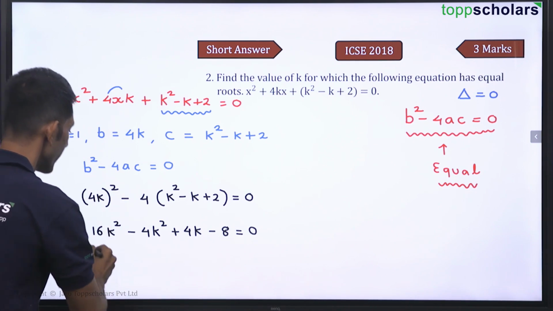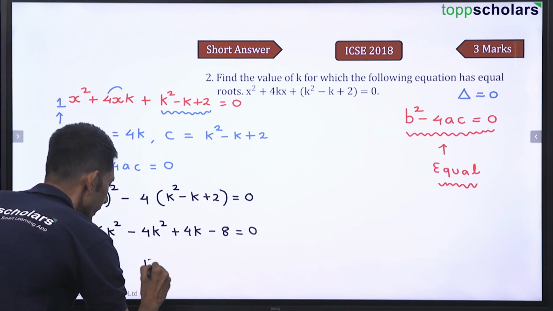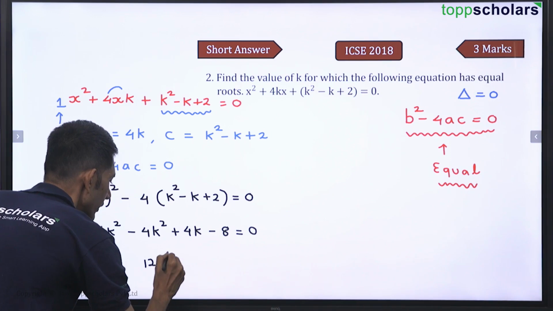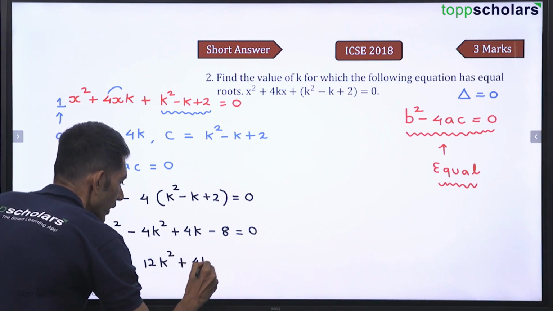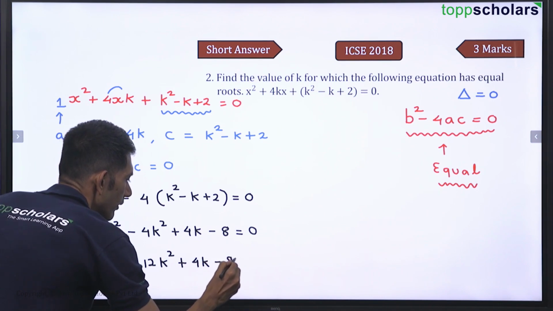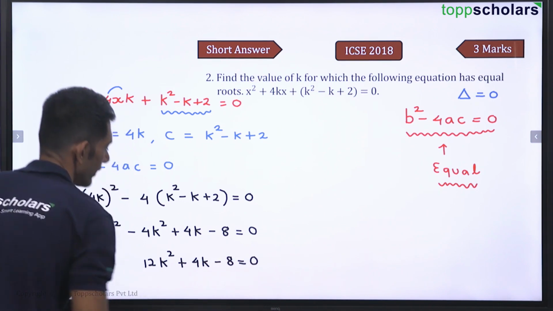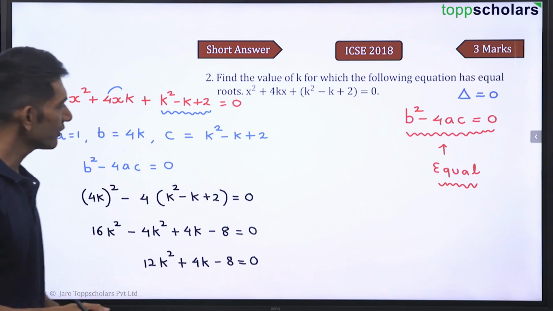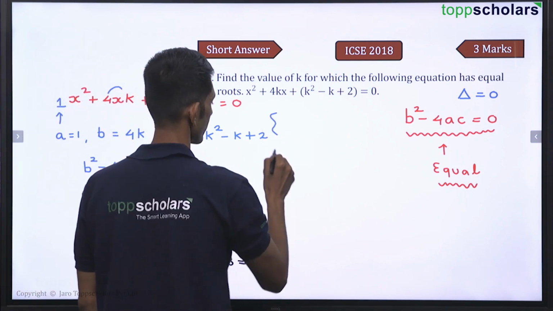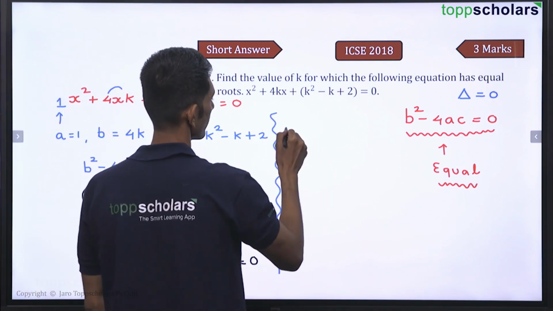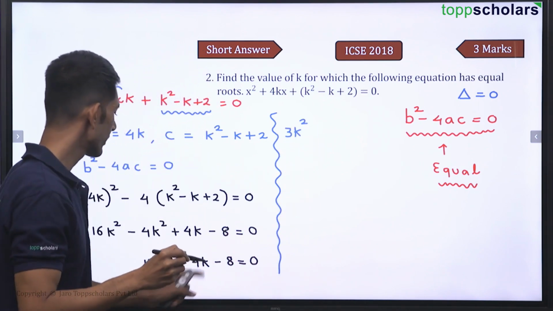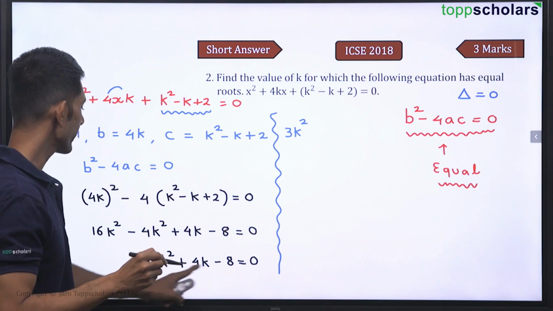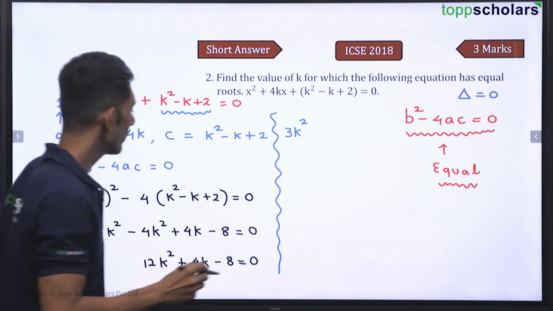So this becomes 12k square, right? 12k square plus 4k minus 8 is equal to 0. So if I divide this by 4, I get 3k square plus k minus 2.